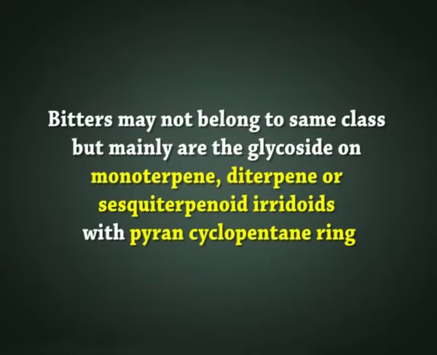Bitter glycosides may not belong to the same class, but mainly they are glycosides of monoterpene, diterpene or sesquiterpenoid iridoids with a pyran cyclopentane ring. Bitter glycosides are mostly used for their stimulant effect on gustatory nerves in the mouth, which further leads to an increase in gastric juice secretion and thus aids digestion.